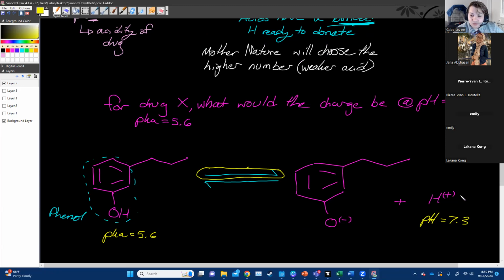So Mother Nature will, in this case, choose the solution, which means what would the charge be on drug X at a pH of 7.3? Well, the only charge there is negative.